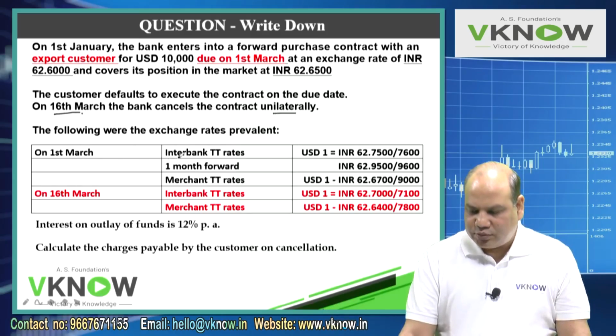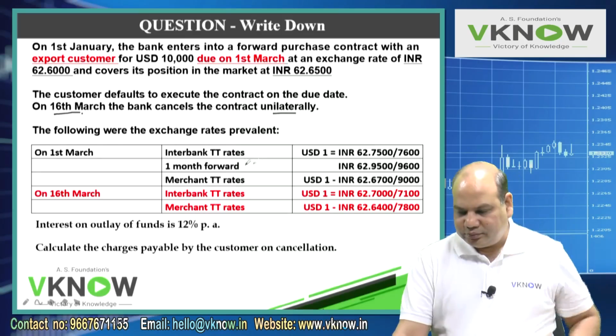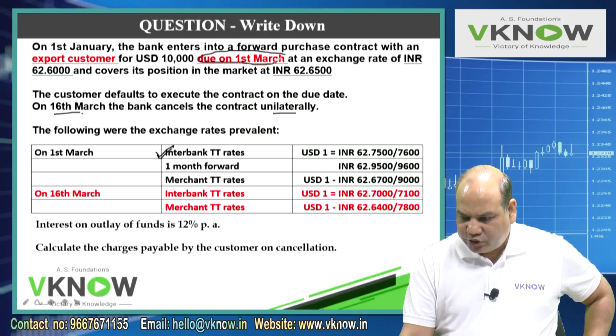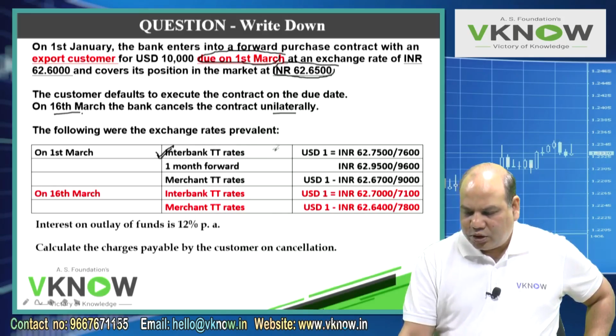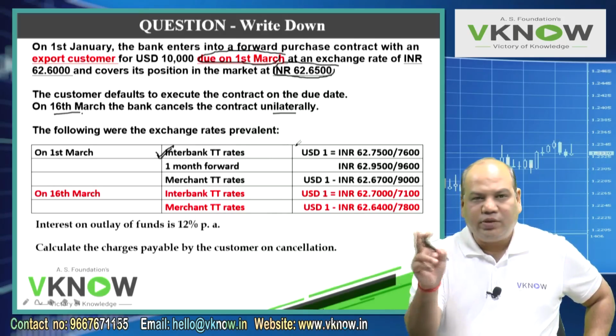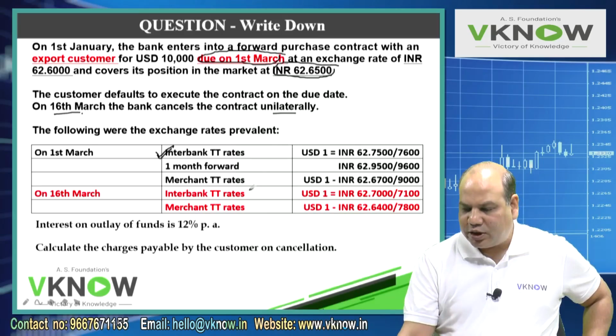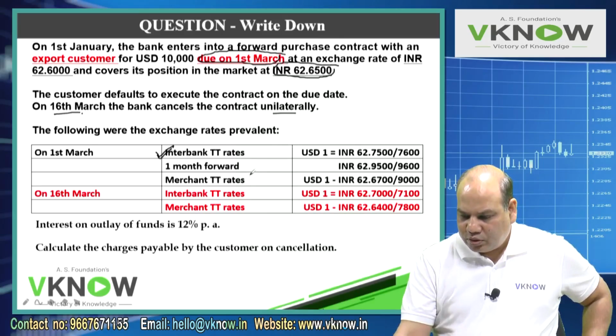On 1st March, interbank rates are given because the bank will have to honor this contract which it had entered into with the interbank. So interbank rates are applicable when there is a transaction between bank and bank. Merchant TT rates are applicable when the transaction is with a customer. So it's like a retail rate.